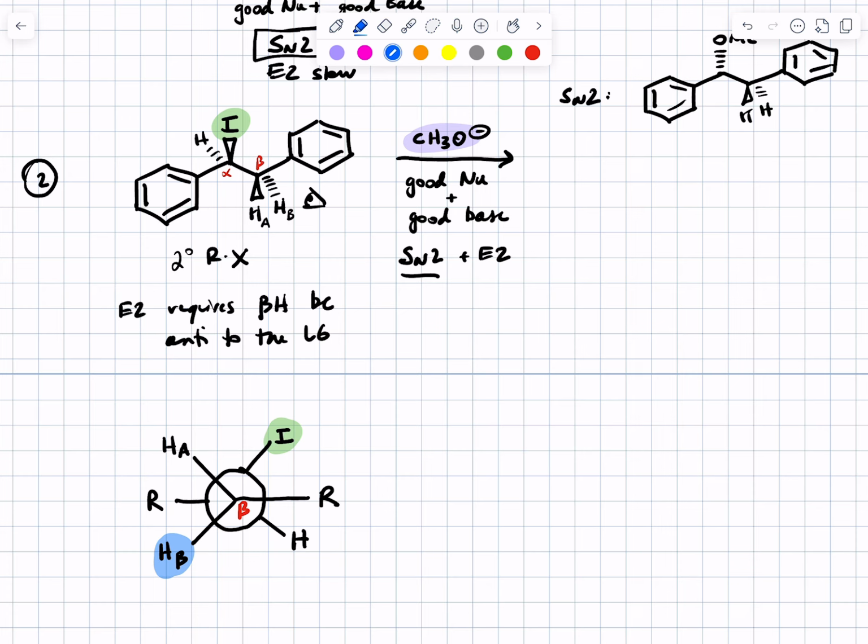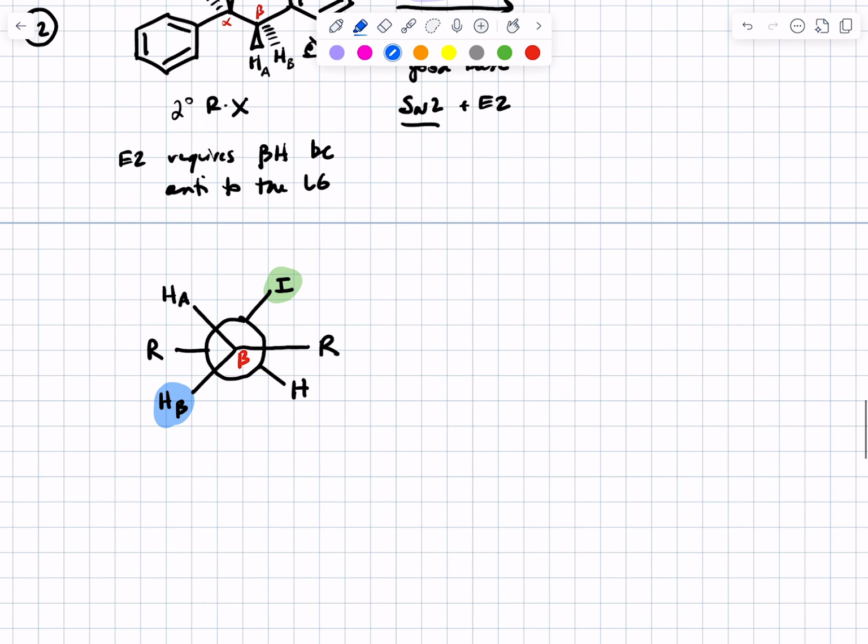And you can see that it's HB and not HA that's anti to the leaving group. That matters because of hyperconjugation. Only HB and not HA will have LUMO on it. Okay? So you would expect a base to remove HB rather than HA.